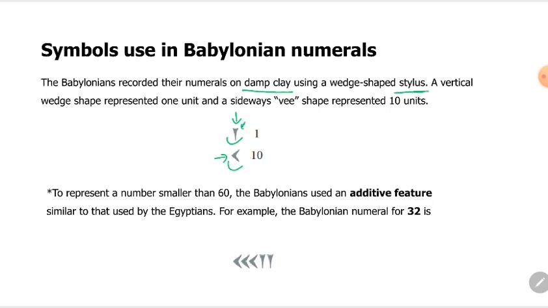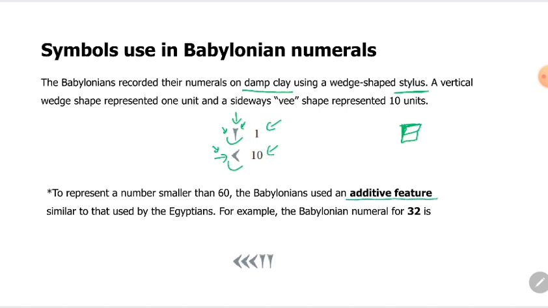You can imagine that as a little bar, and it might look like this. So if you imprint this in damp clay, you would get these symbols. This wedge is equivalent to 1, and this V is equivalent to 10.